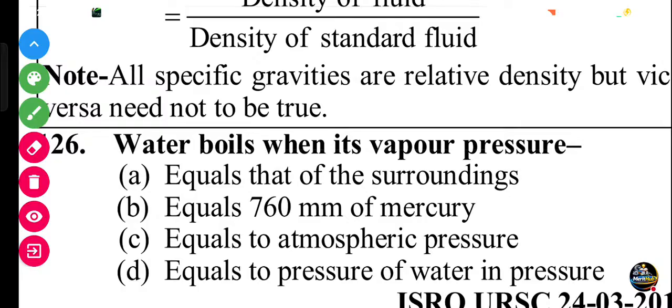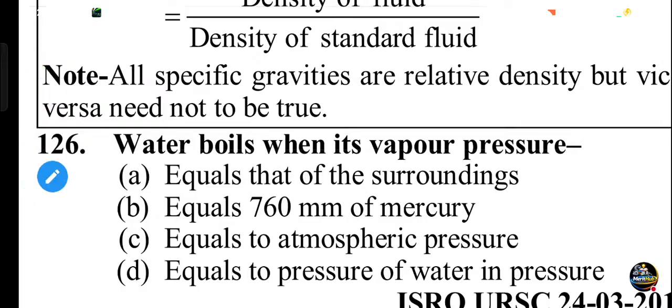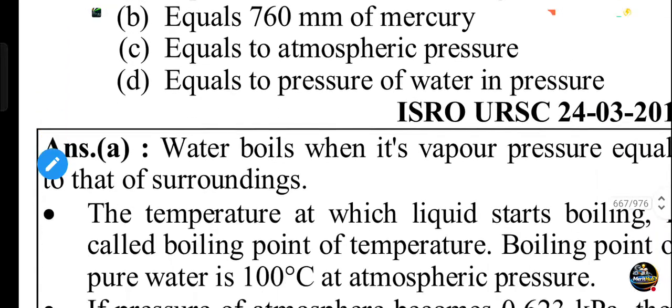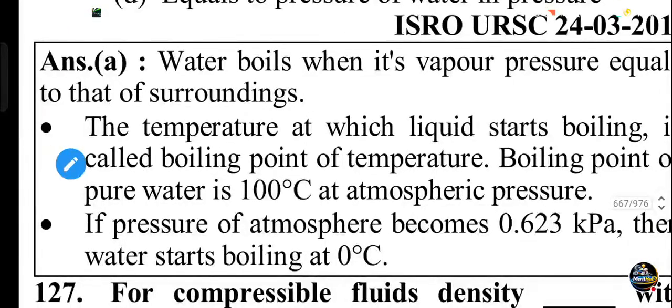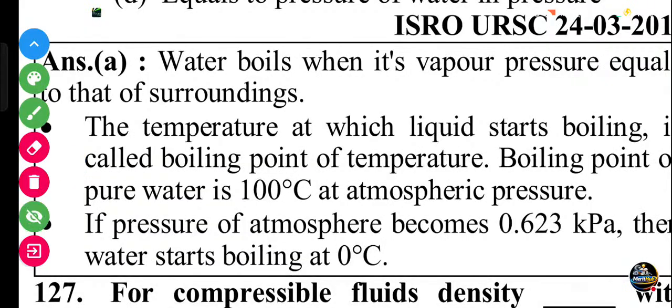Let's check the explanation of this question. In this book, every question's answer is explained in a very good manner. Water boils when its vapor pressure equals that of the surroundings.